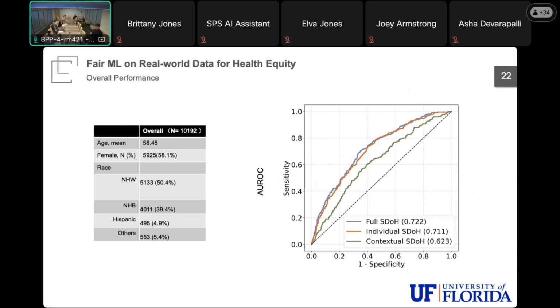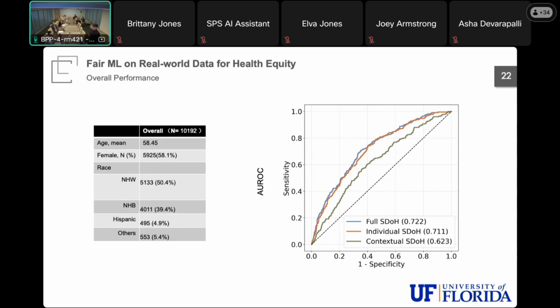This is the performance of the prediction model using different sets of input features: individual level only, contextual level only, SDOH, and a combination of both. And we can see that by using individual level SDOH only, we can get a good, acceptable model.